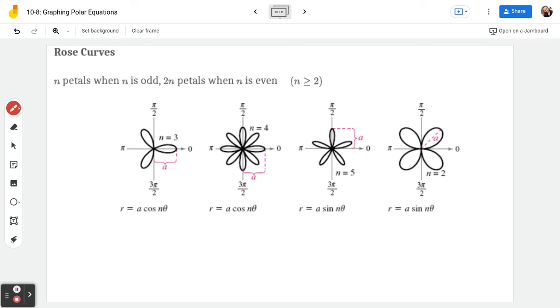For example, in this one, if n is equal to 4, the number of petals is twice that, which is 8. So 1, 2, 3, 4, 5, 6, 7, 8. But if n is 3, it's just 1, 2, 3. So it's an interesting pattern. I think it's really fun. You can mess around with that on your calculator as needed.